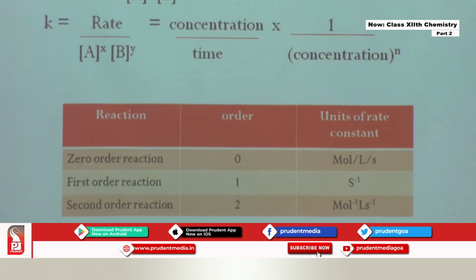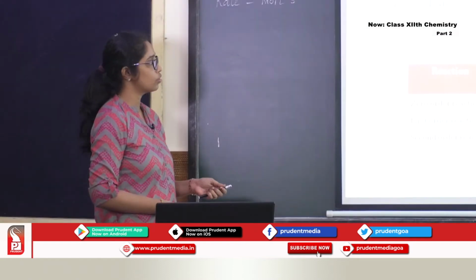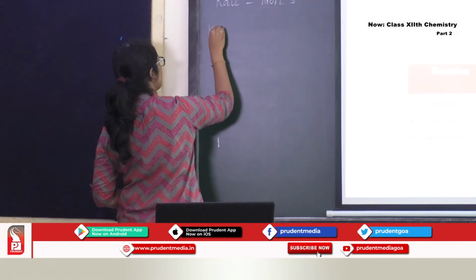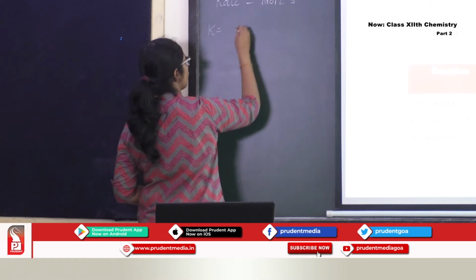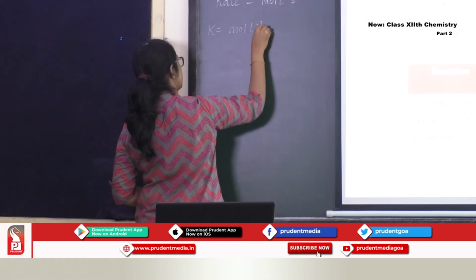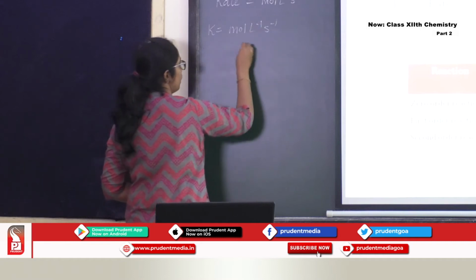For a second order reaction, again what we have to do is in this equation substitute the value of N as 2. So, moles per liter square it's going to be. So, if you have to consider now K, the unit of rate is mole per liter per second.